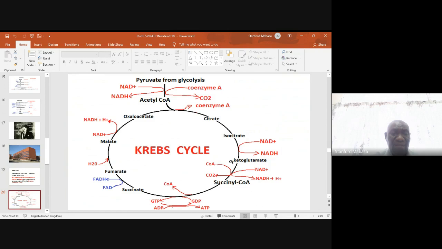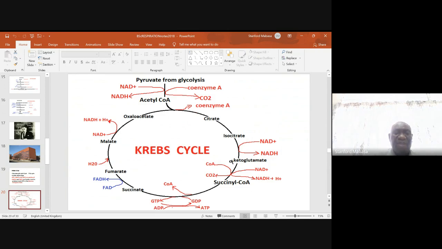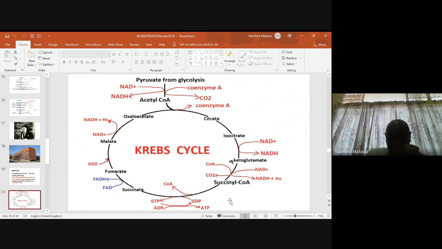Here we have also GDP being converted to GTP. There may be also production of ATP.